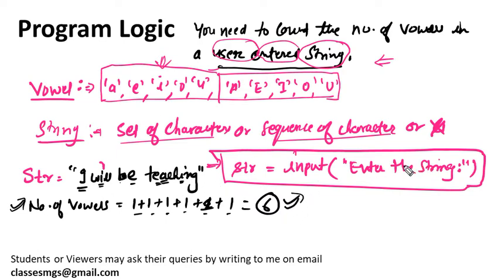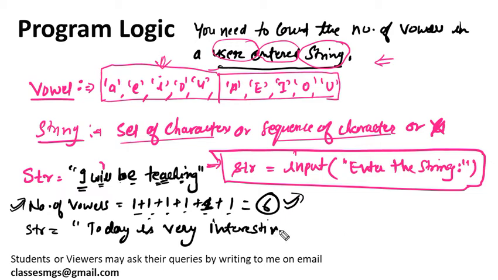The user may enter any string, and your program should count the number of vowels in it. Let's suppose the user has entered another string: "today is very interesting day". Now you are supposed to count the number of vowels.